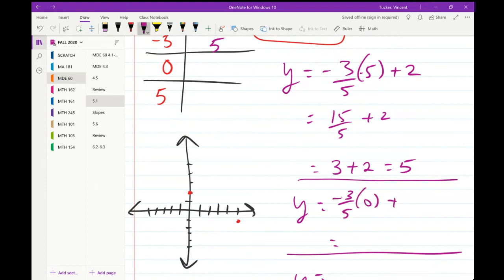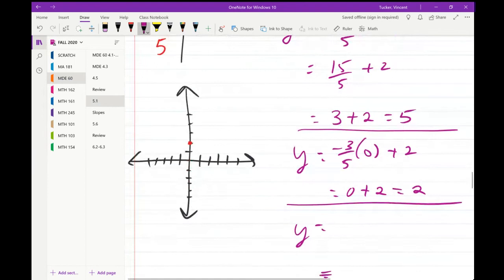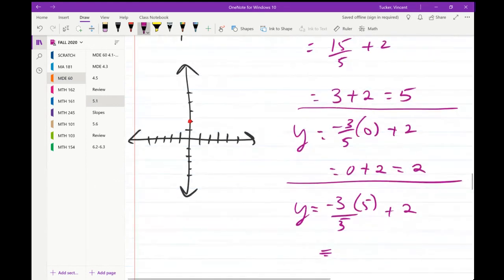Plug in 0. -3/5 times 0 is 0. So 0 plus 2 is 2. Last one, plug in 5. So -3 times 5 is -15 over 5, plus 2.